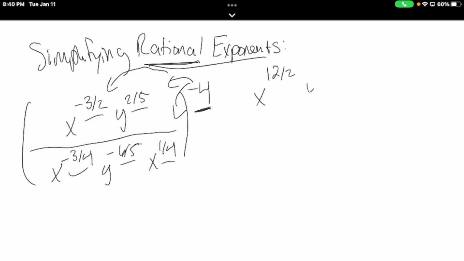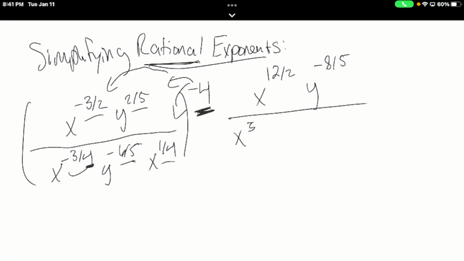2/5 times negative 4 is going to give me negative 8/5. Let's see what's on the bottom. Take that negative 4, multiply each power. My x power is going to be negative 3. Actually, it would be positive 3, because the 4 and the 4 will cancel.